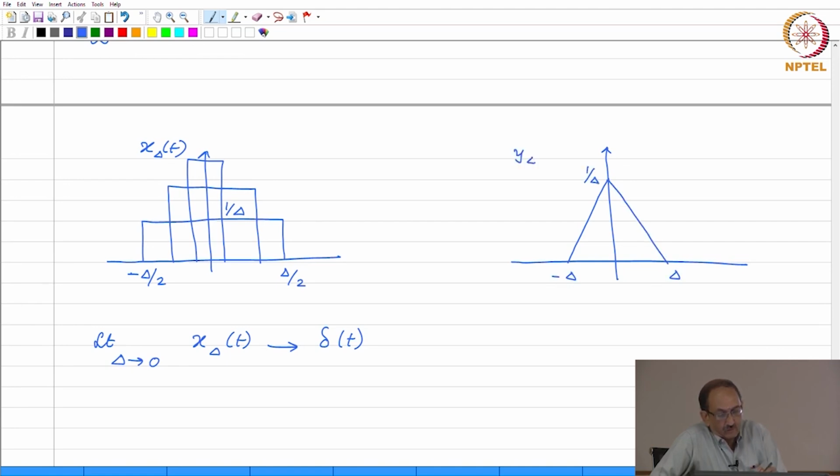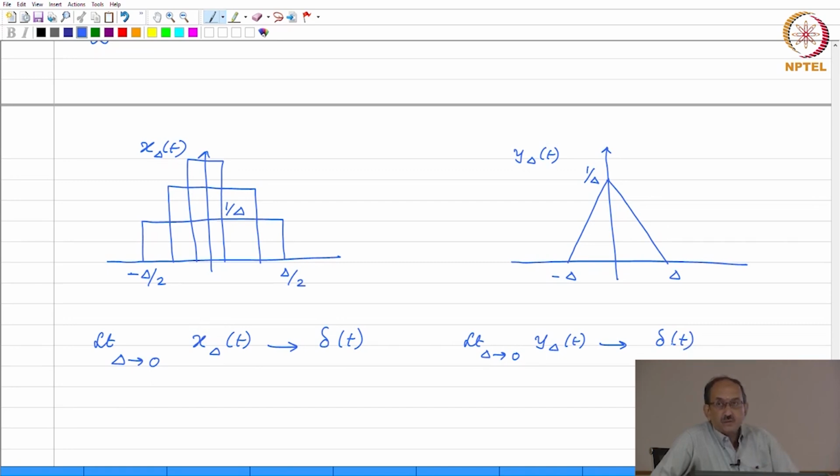Let me call this y delta of t. Again, the limit as delta tends to 0 of y delta of t must tend to delta of t, since the area is again unity, as you can see, half times base times height.